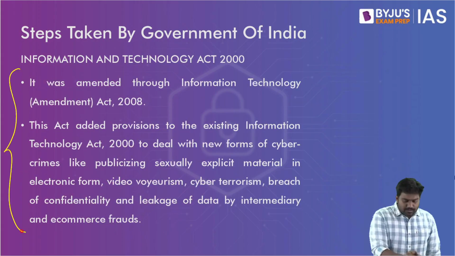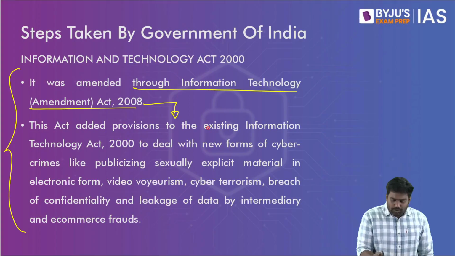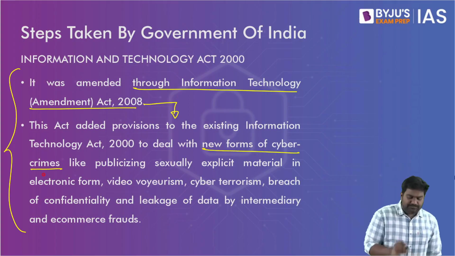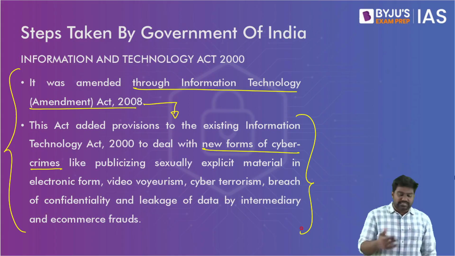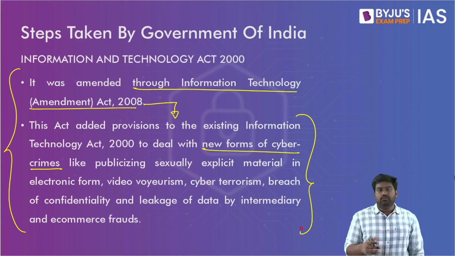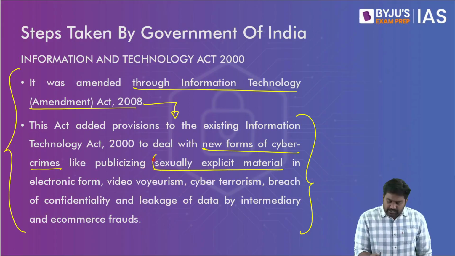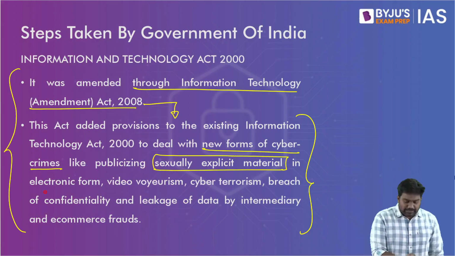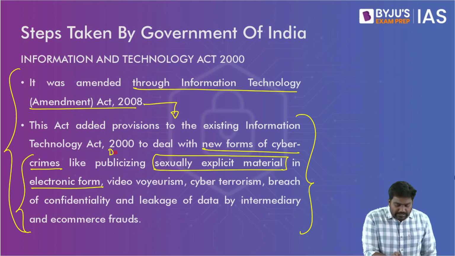Next, the law was amended in 2008 to account for new forms of cyber crimes, the new trends that were emerging. To cover them, the law was amended to give an expanded coverage. So any circulation of sexually explicit material, especially which affects the dignity of another person, particularly that of women, right?